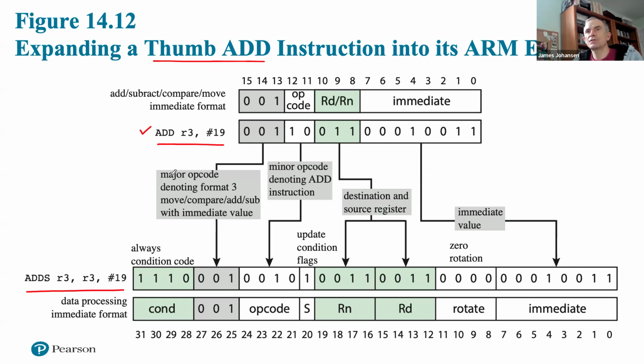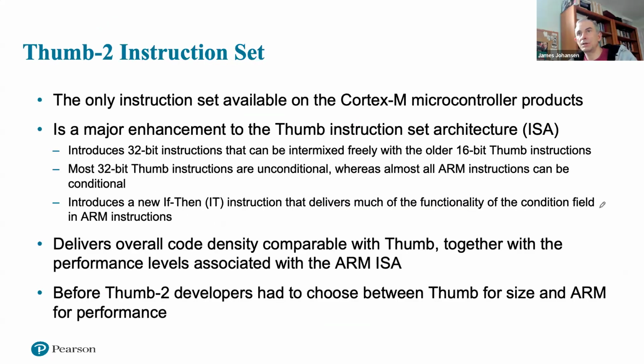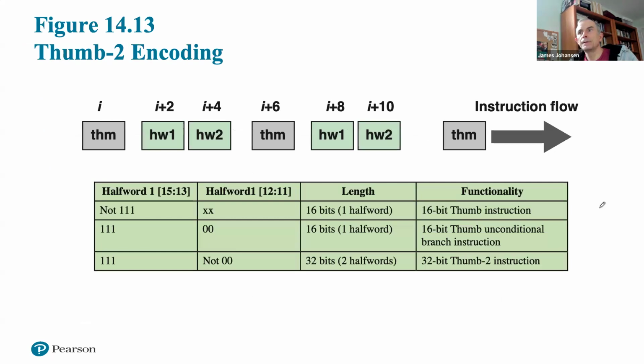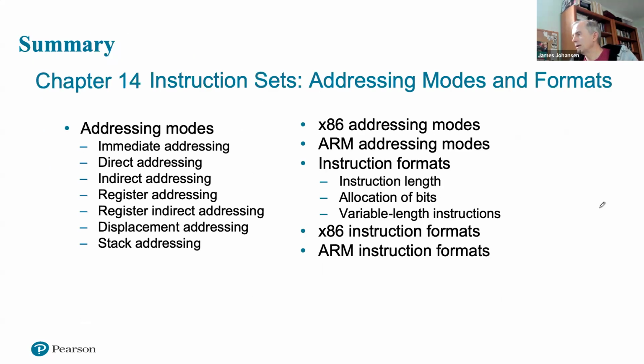In a shorthand version, we can just state it like this because these are, you could argue, redundant. So that's just a shorthand way that you can do things with the ARM instruction set. Those are the highlights that I wanted to share here.